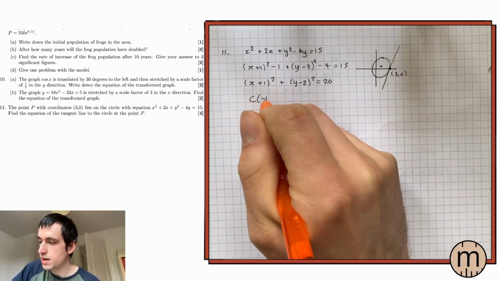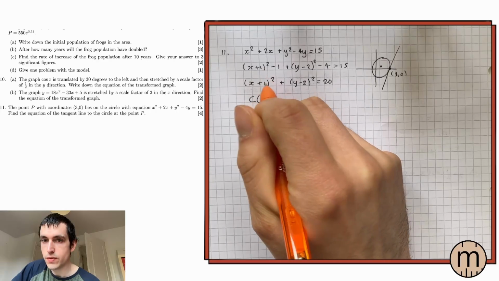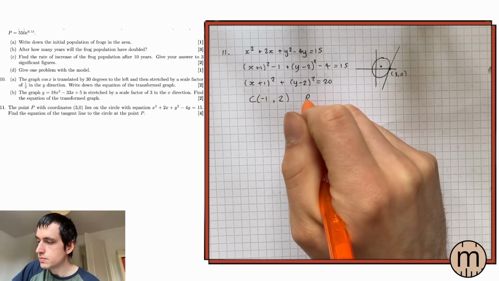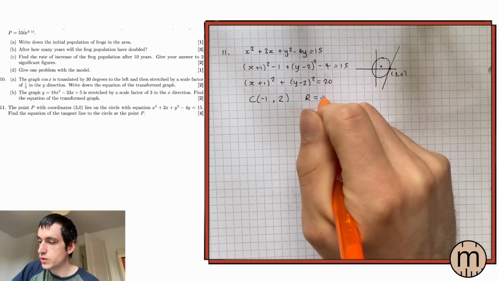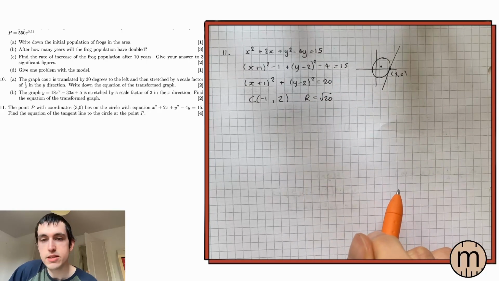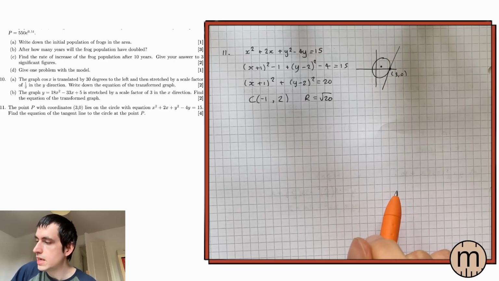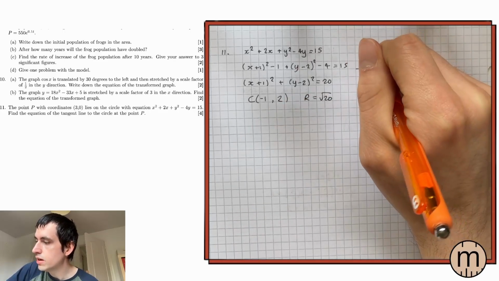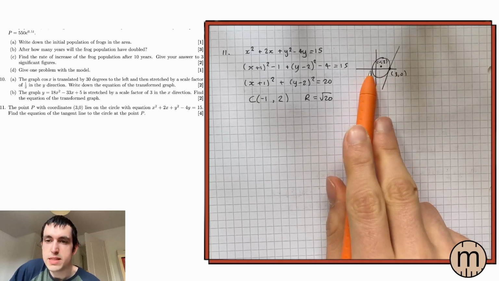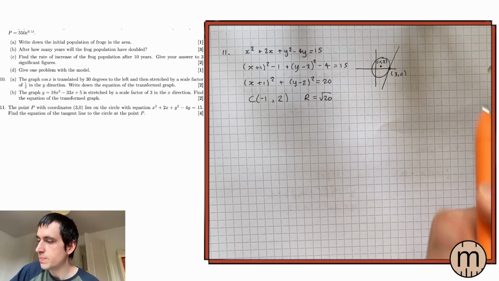The centre is minus 1, negative of 1, and then 2, negative of minus 2. The radius is equal to the square root of that number on the end. I don't think we'll actually need the radius, but it could be a question where you need it. So in this case, yes, my diagram is wrong. Minus 1, 2 is the centre here. It doesn't really matter. The maths will work itself out.